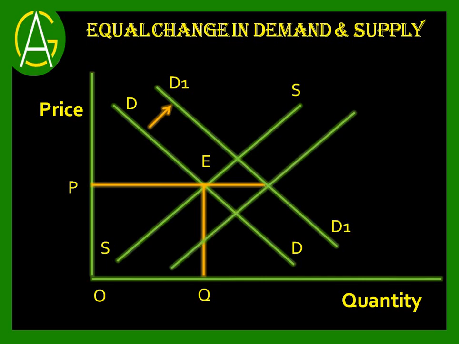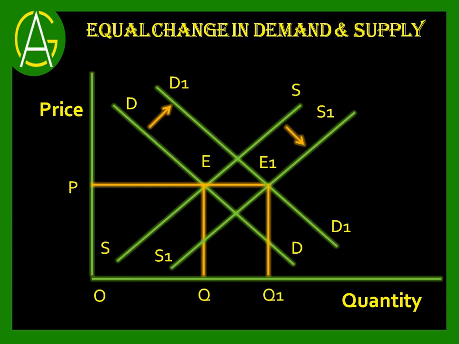New supply curve S1 is on the right side of the original supply curve. So new demand curve and new supply curve intersect at a point E1, that is the new equilibrium point, and at the new equilibrium point we will find out the new quantity, that is OQ1.